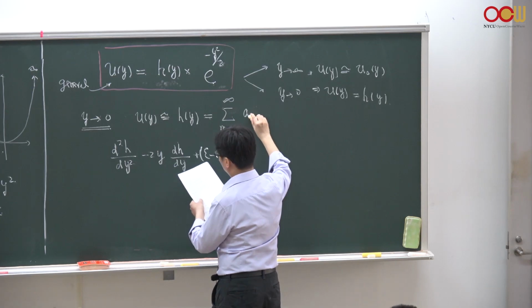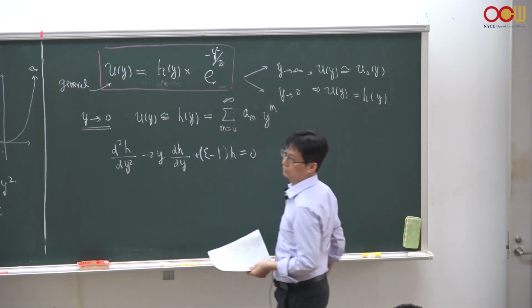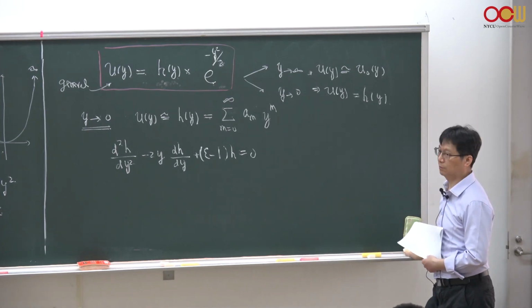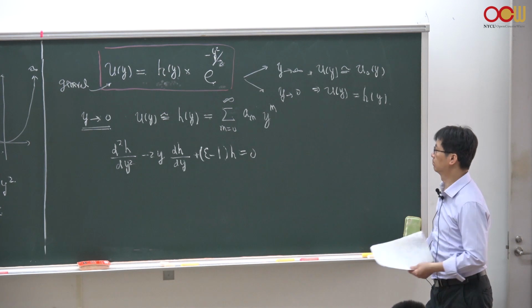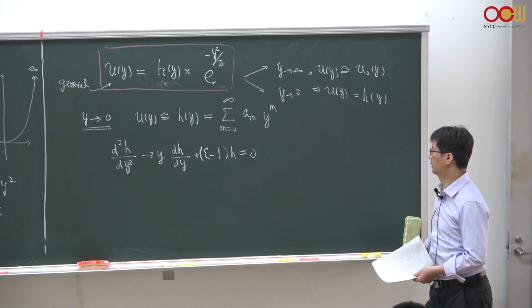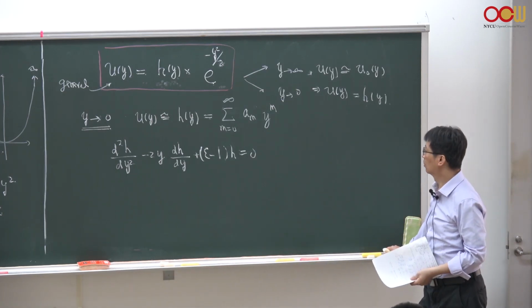There's an infinite number of terms in this polynomial in y. So of course we could use such a polynomial to approximate this h function, but the question is, what are those values of a_n?